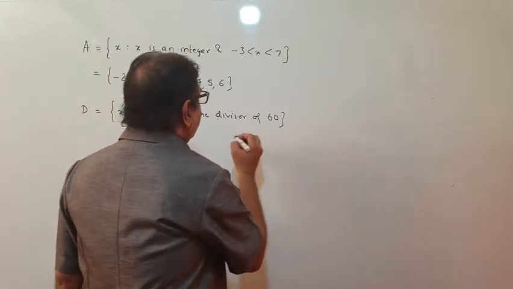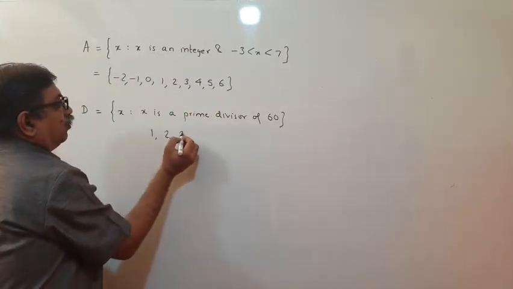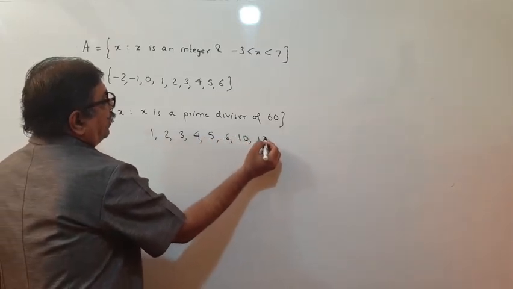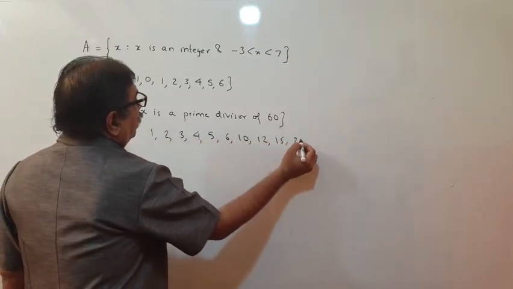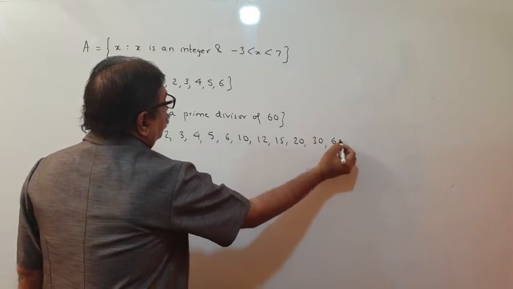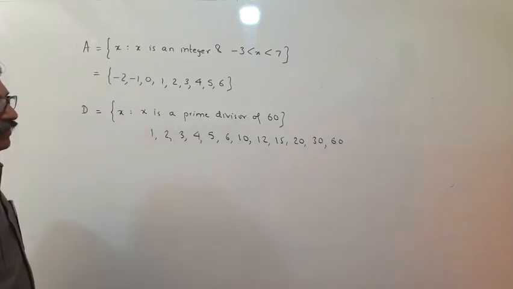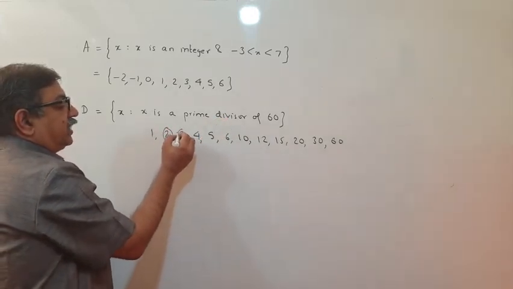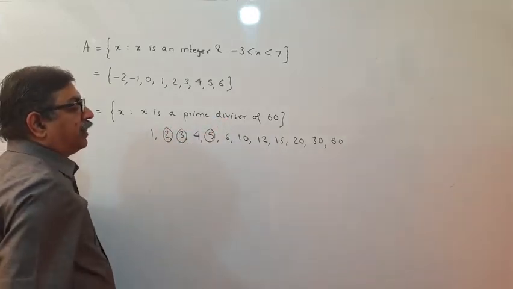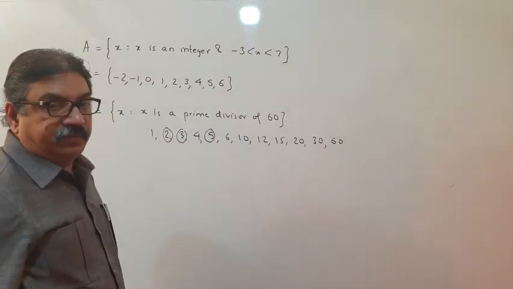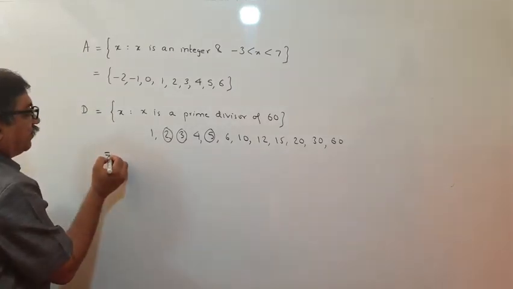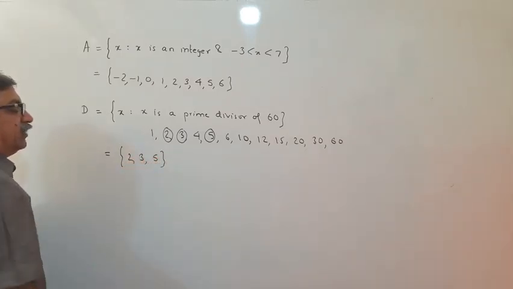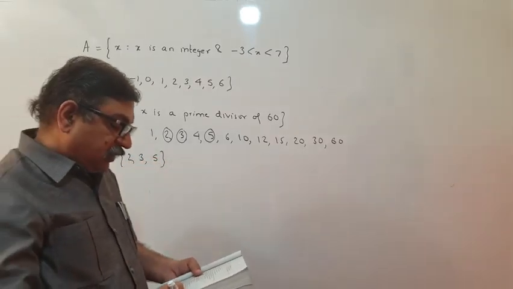Divisors of 60 are 1, 2, 3, 4, 5, 6, 10, 12, 15, 20, 30 and 60. These are the factors of 60. We want primes, so we can take this, this and this. The remaining are all composite numbers. So what will be the list form of this? This will be 2, 3 and 5.